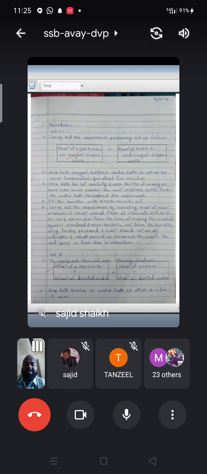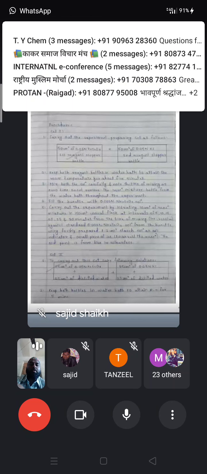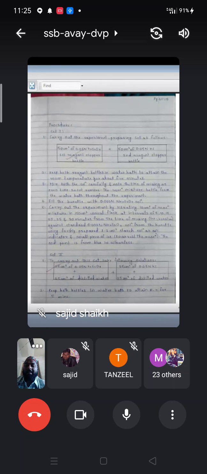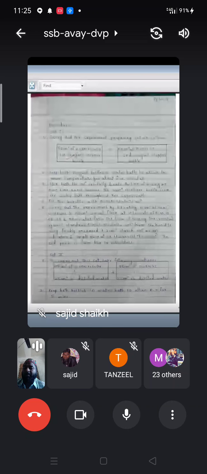When 4 minutes are completed, at that time you take the ice cube plus the indicator in the conical flask, then pipette out at the sharp time, meaning when the 5 minutes are completed, you pipette out this reaction mixture, take it in the conical flask and titrate it against the burette solution. You will get the end point from blue to colorless, and that you have to note. This is about set 2.